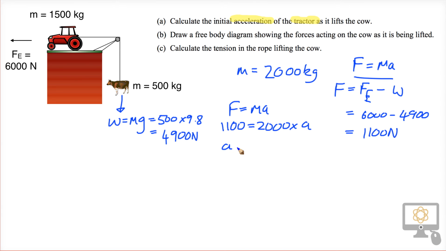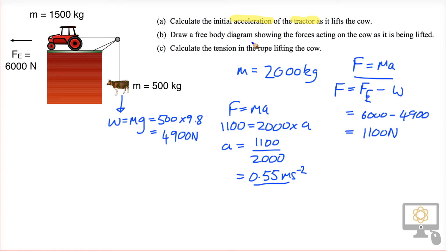And so therefore our acceleration is 1,100 divided by 2,000, which is, according to my calculator anyway, 0.55 meters per second squared. So that's the first question done. We found the acceleration of the tractor, which is also, of course, the acceleration of the cow as well.